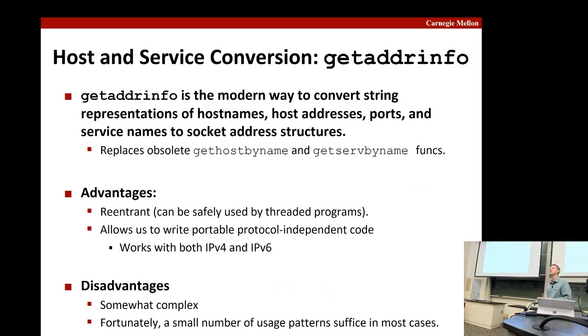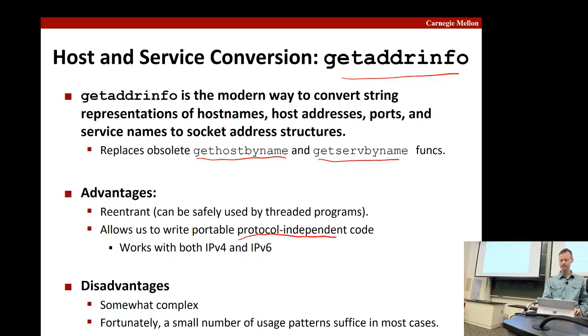There are these routines, one that goes each direction. The first we'll talk about is getaddrinfo, and that goes from the string name to the socket address structure, to one of these structures. The advantage of getaddrinfo over what it replaced, gethostbyname and getservbyname, is that it's protocol independent.